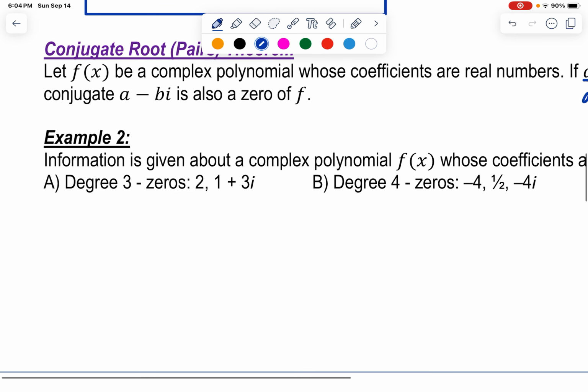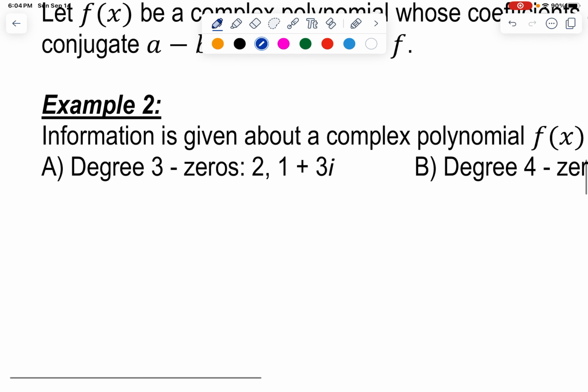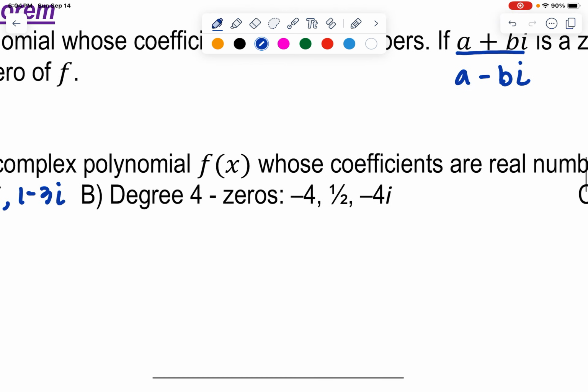Here it says information is given about complex polynomials whose coefficients are real numbers. Find the remaining zeros of f. So I'm telling you it's a third degree polynomial, and I'm telling you there's a 0 of 2 and 1 plus 3i. So that means, even though I forgot to give you one, you can assume the other one, 1 minus 3i. So its complex conjugate is also a 0. Fourth degree polynomial, I gave you the 0 of negative 4, 1/2, and negative 4i.